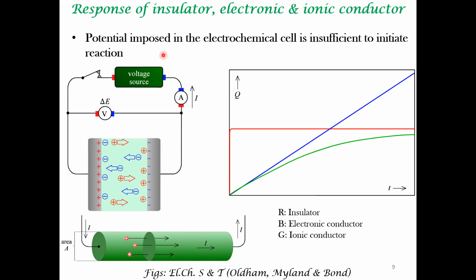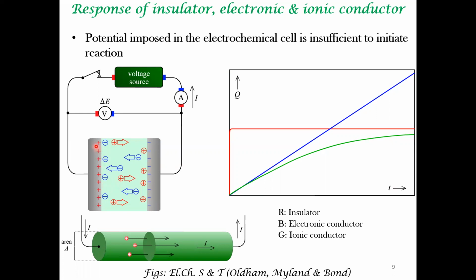So in this system, the potential is imposed on an electrochemical cell, but the potential is insufficient to initiate an electrochemical reaction. As soon as you impose a potential, the mobile ions that are present in an electrolyte get transported close to the electrodes.